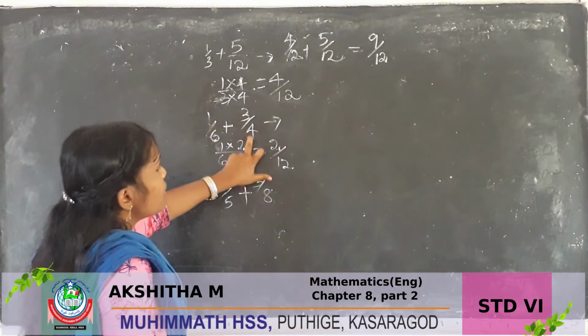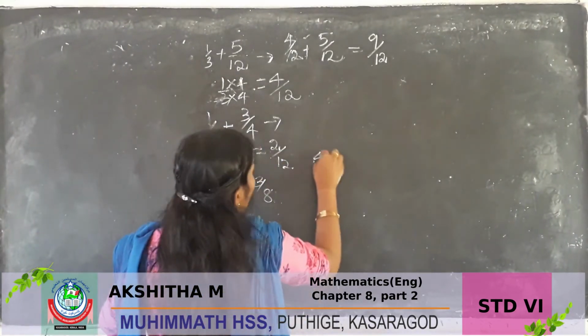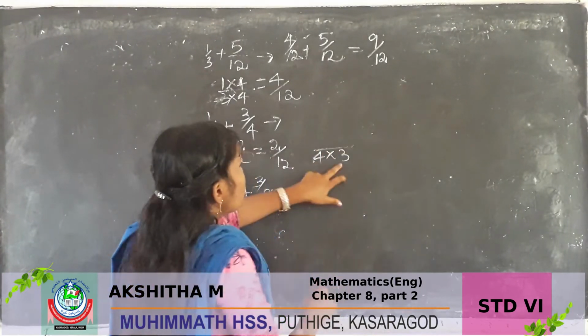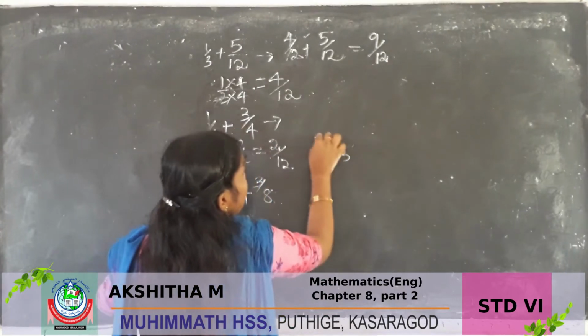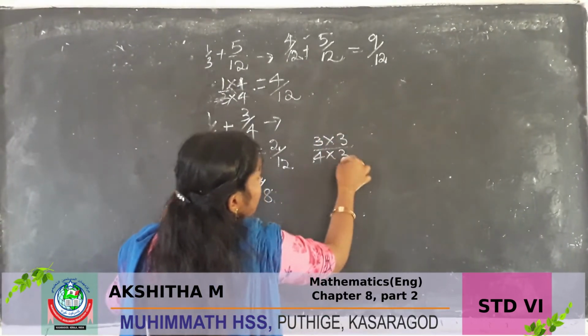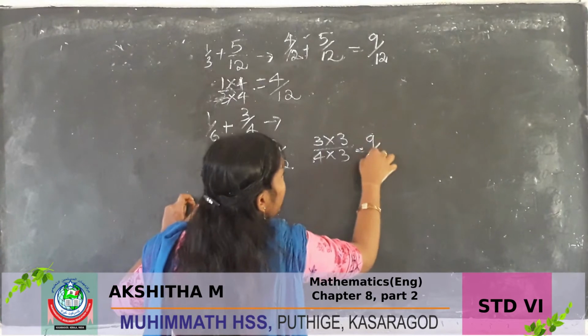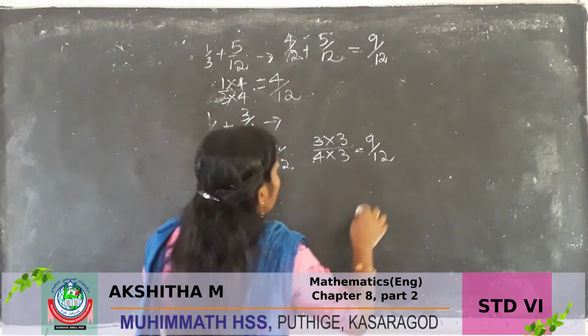How can we write that? 4 into 3 is 12. So again we have to multiply by the same number. 3 into 3, so 9 by 12.